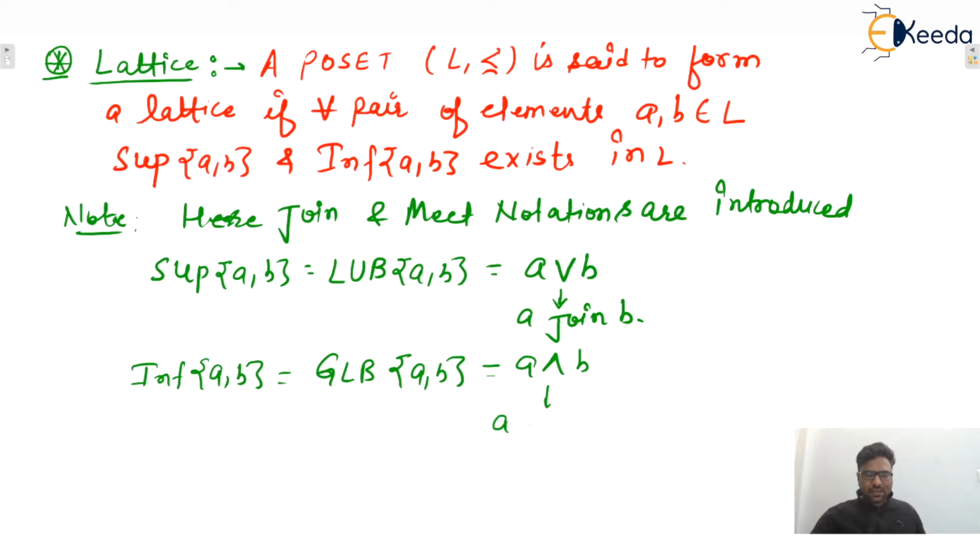So this is a meet b. So we can say that if for every pair of elements join and meet exist, then that particular poset is lattice. So let us consider some examples.